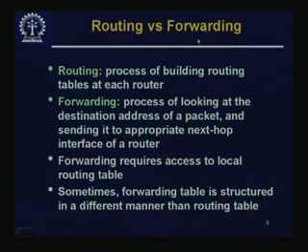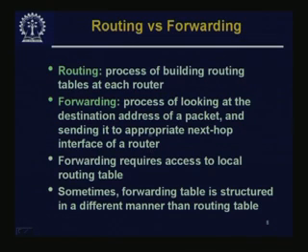And then if you have such a table, there is the question of forwarding. Routing is the process of building routing tables at each router. Forwarding is the process of looking at the destination address of a packet and sending it to the appropriate next hop interface of a router. Once, through a routing protocol, you have got a routing table, when a packet arrives you have to forward it to the correct interface of that router.